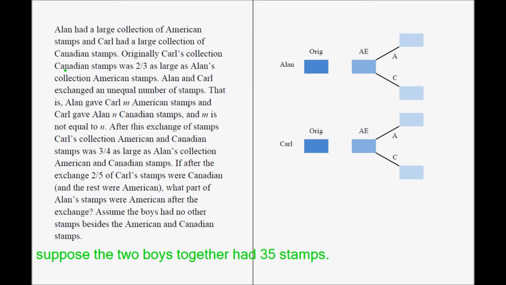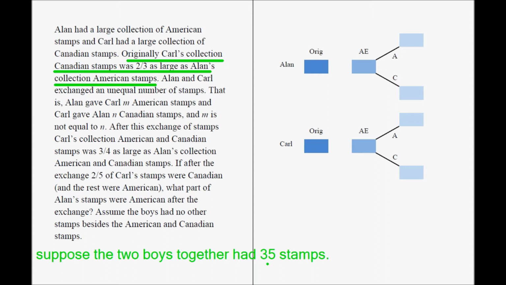which is originally Carl's collection of stamps was 2/3 as large as Alan's collection of stamps. What does that mean? Out of 35 stamps, Alan had 3 parts and Carl had 2 parts. And these parts are all equal. So I'm going to take 35 divided by 2 plus 3, which is 5.